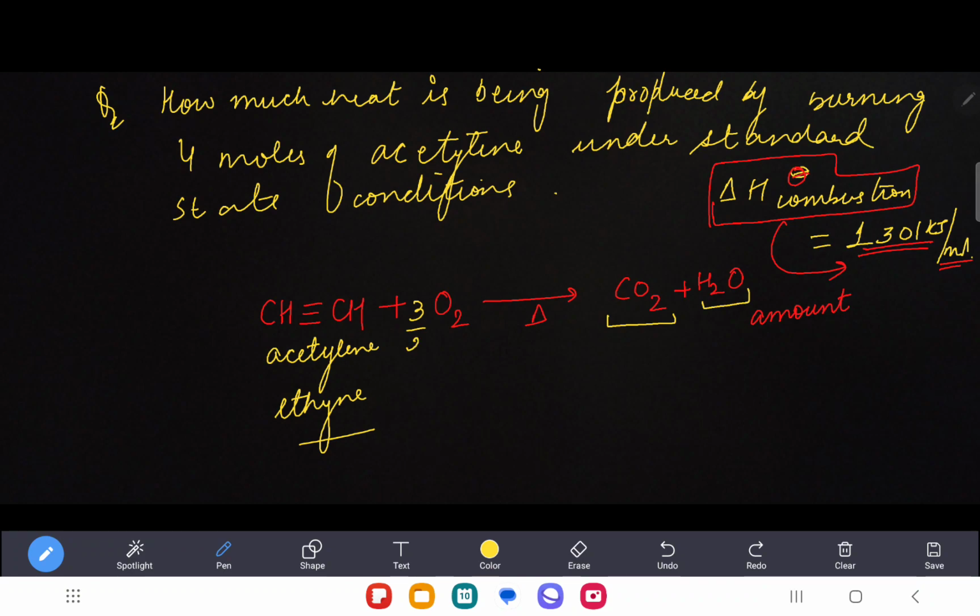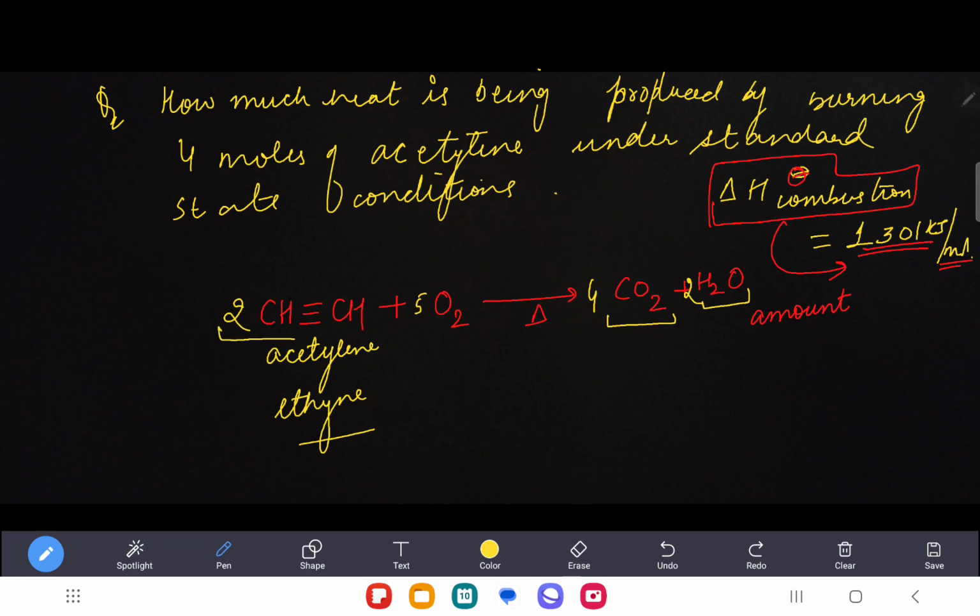So I'm going to put 5 over 2 O2, and you multiply with 2. So this becomes 4, and this becomes 2H2O. So this is the equation.